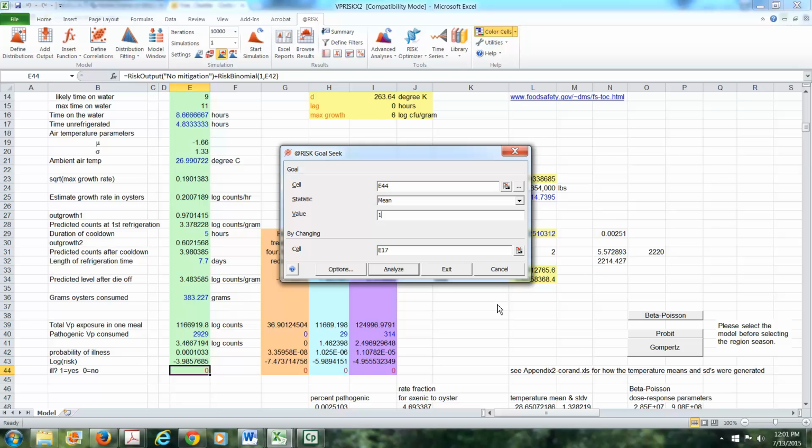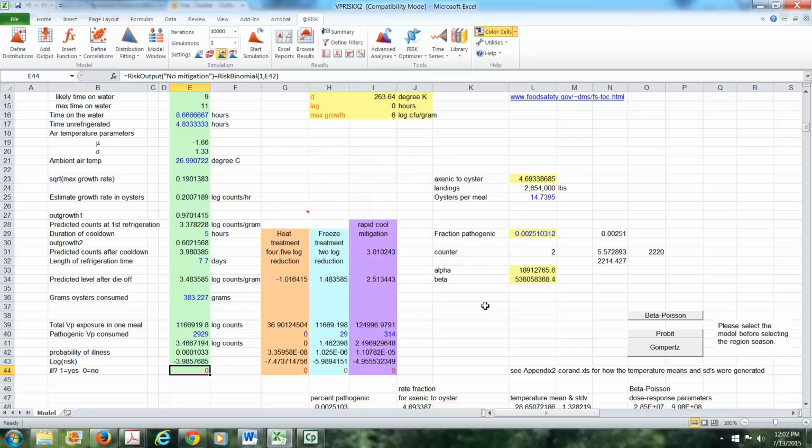And as I said, using time unrefrigerated, it would take 62 hours for cell E44 to equal 1. So let's cancel that. That's not so terribly interesting.